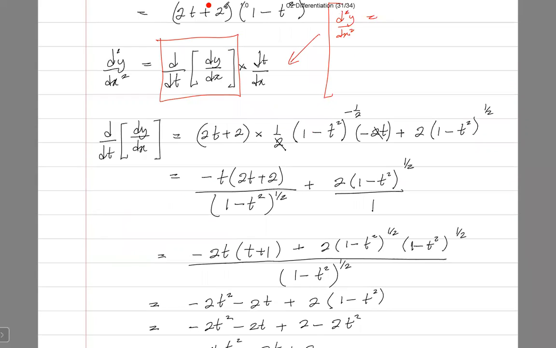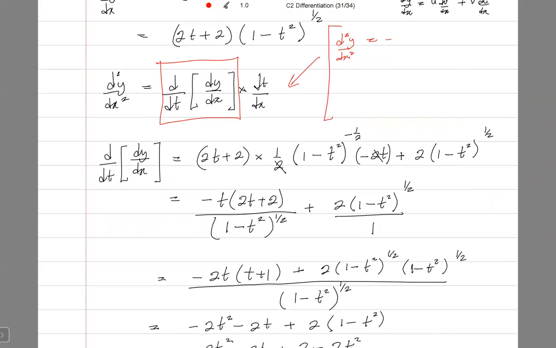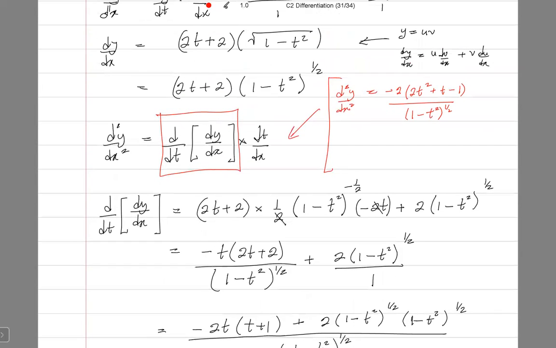So what we have here is minus 2 into 2t squared plus t minus 1, and this is over 1 minus t squared raised to the 1/2 power, and we need to multiply it by the reciprocal of dx by dt.